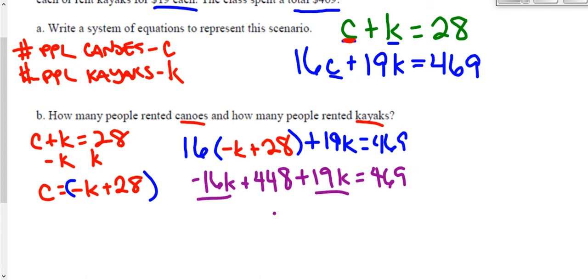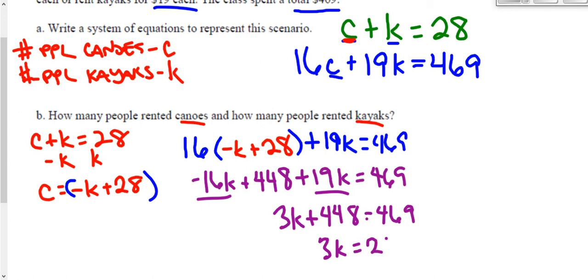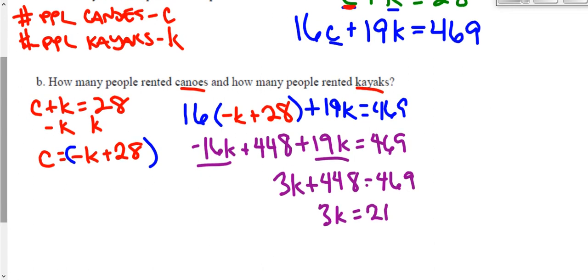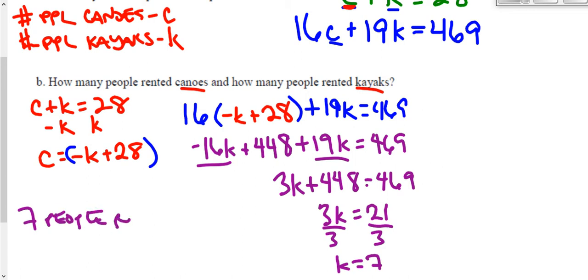That tells me I have 3K remaining on the left, plus 448 equals 469. When I subtract the 448 from both sides, it tells me that 3K is 21. I can solve this for K by dividing both sides by 3. That tells me that K is 7. So I have just determined that 7 people rented kayaks.